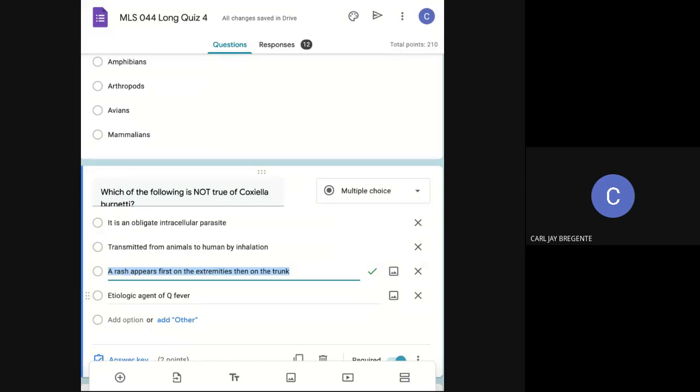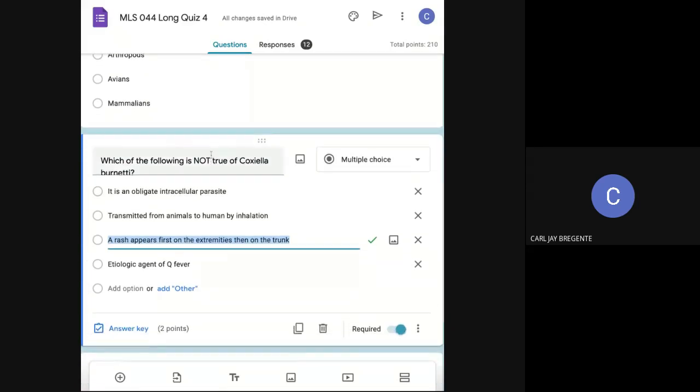But rashes do not appear on the extremities for Coxiella burnetii; it has different signs and symptoms. Coxiella burnetii is also a spore-like gram-negative rod, so it is not killed by an ordinary disinfectant. It requires autoclaving in order to kill Coxiella burnetii.